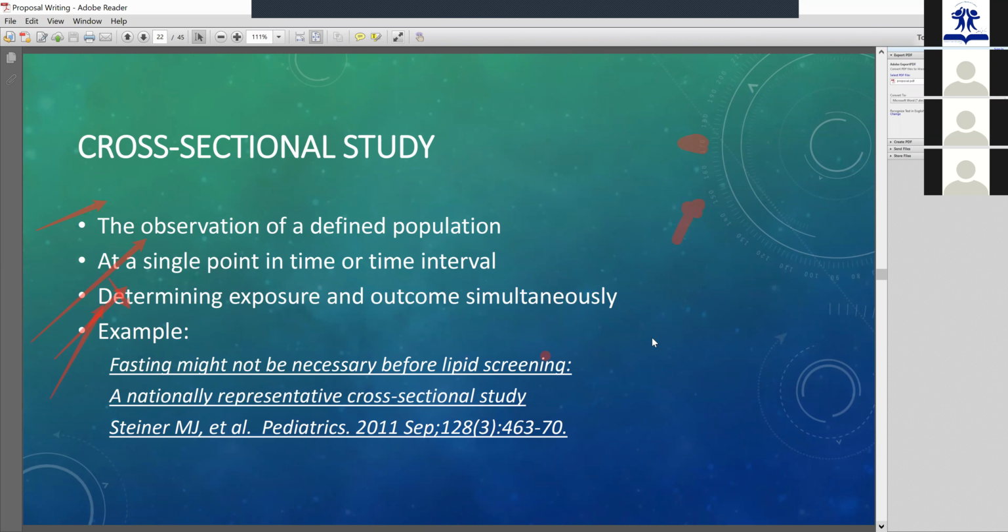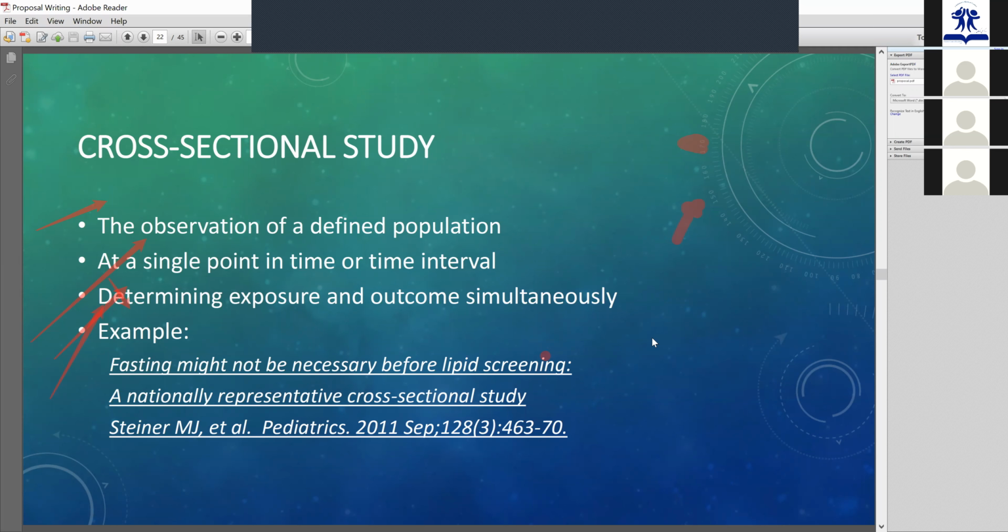Then we propose here cross-sectional study. In cross-sectional study, you are studying the patients at a point in time. You are seeing both the results and the exposure at the same time, okay? For example, I am studying a group of patients with appendicitis.